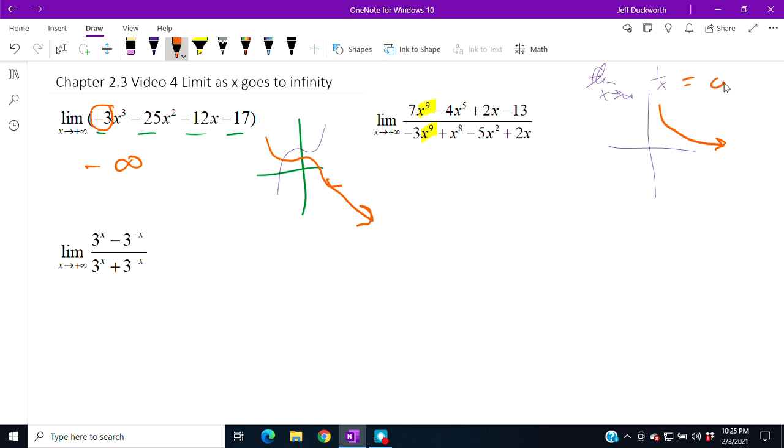But this equals 0. Again, going to positive infinity. The function looks like that on the other side, but we're only interested in going to positive infinity for this. So if our denominator has a higher exponent, so instead of x to the 9th down there, if it was x to the 10th, we'd be in a situation where we're increasing faster than we're decreasing, and it's going to go towards 0.